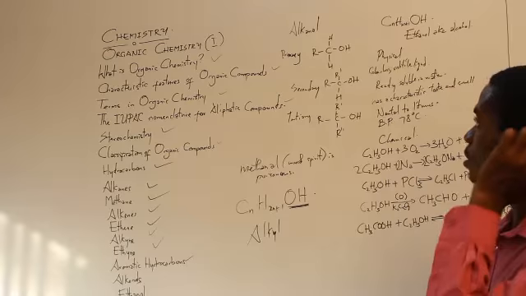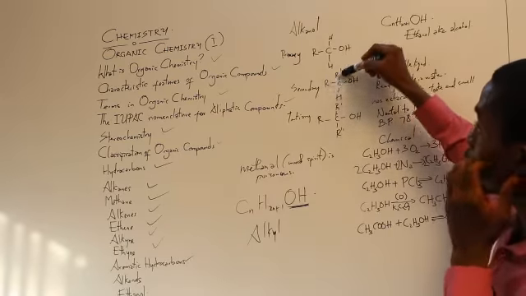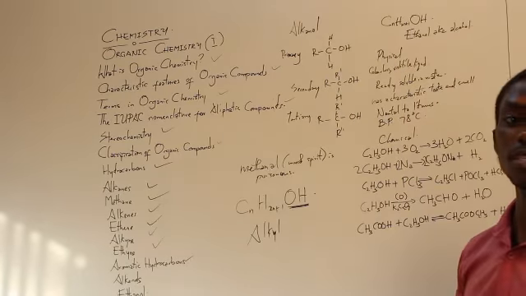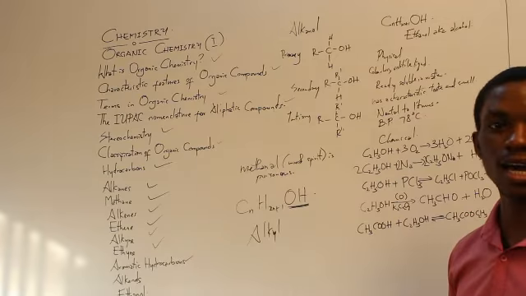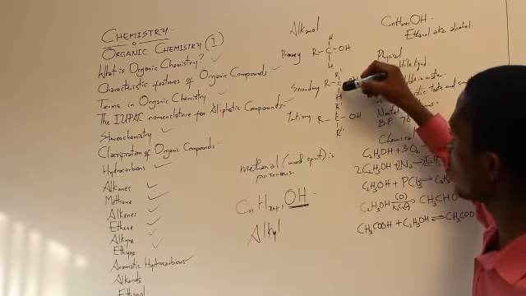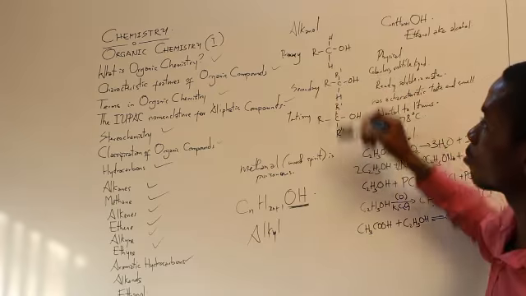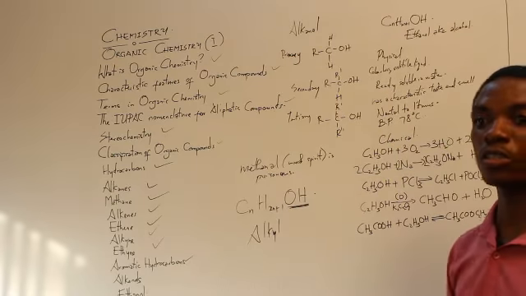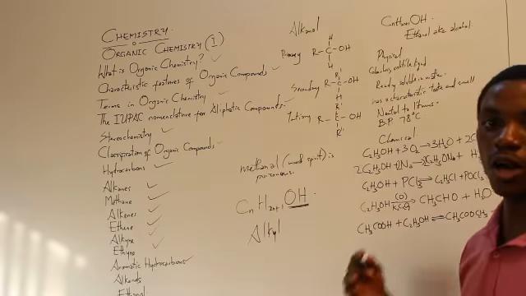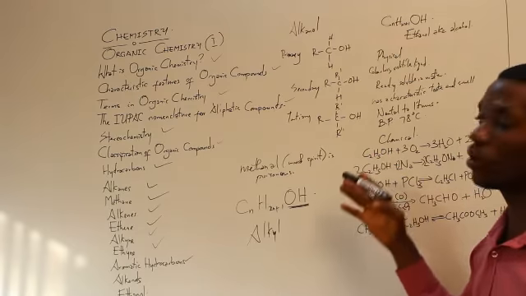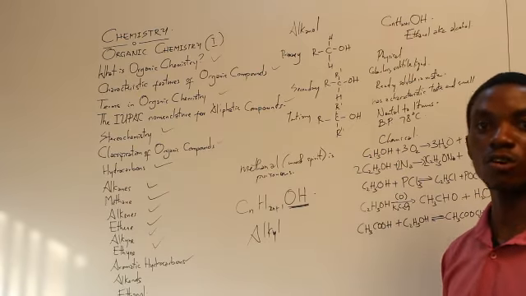Now the thing about this is the alkyl groups are on two different sides, so the OH will no longer be on the first carbon.